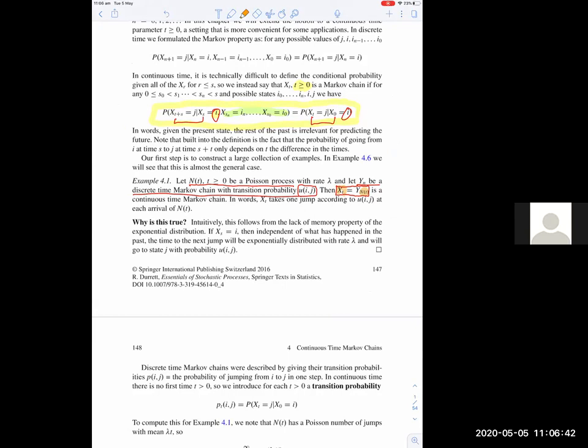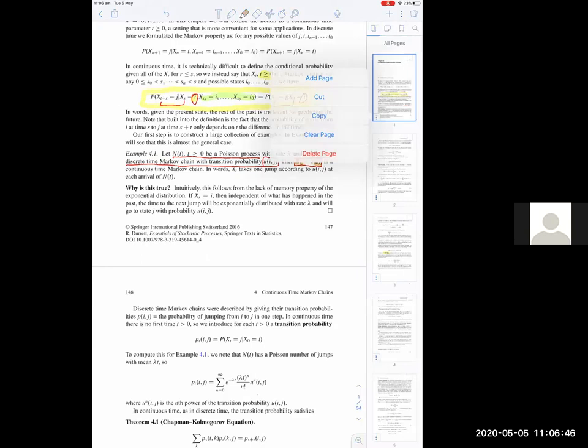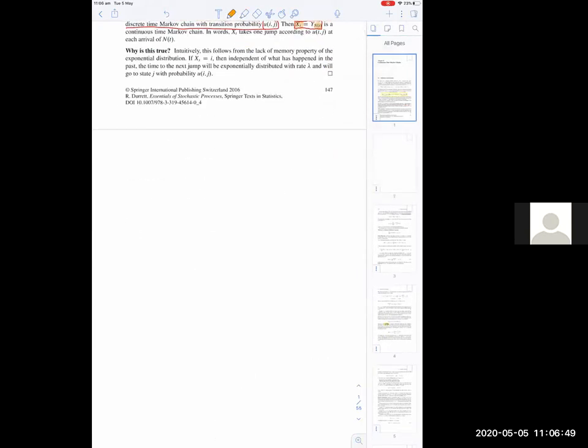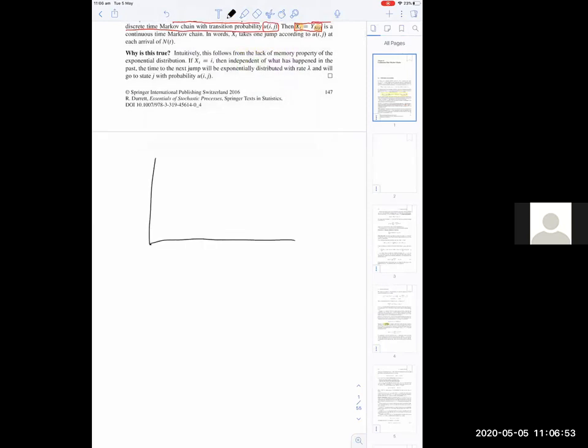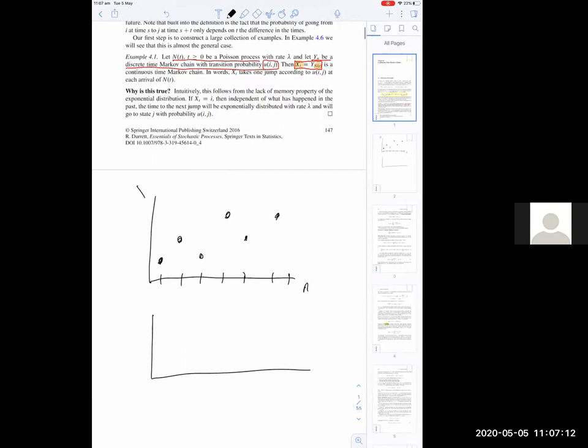If you just want to see pictorially what has happened here, this is your discrete time process. Let's say it's this weather chain that's going between states 1, 2, 1, 3, 2, 3, etc. This is discrete time n, and I'll call this Y of n.